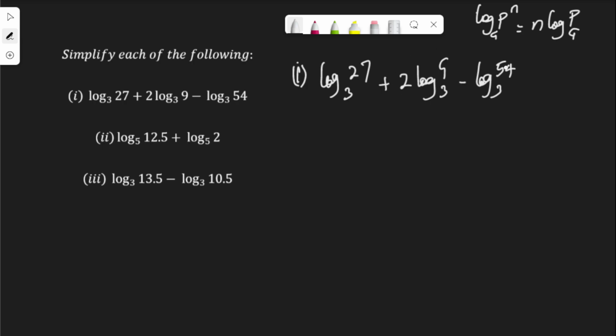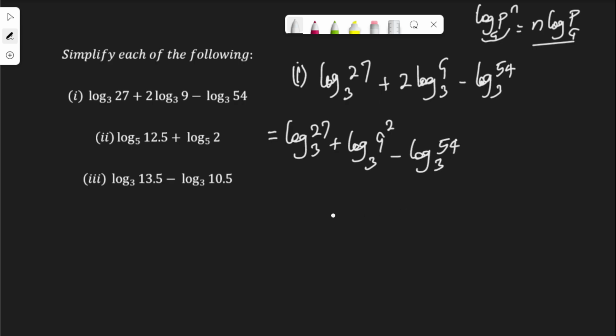So I want to turn it into log 27 to base 3 plus log 9 squared to base 3 minus log 54 to base 3. And 9 squared is 81, so I have log 27 to base 3 plus log 81 to base 3 minus log 54 to base 3.